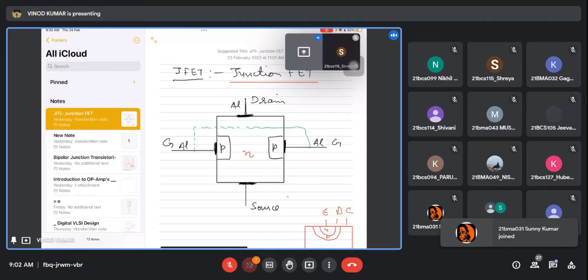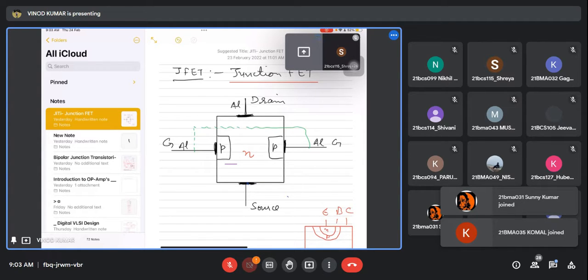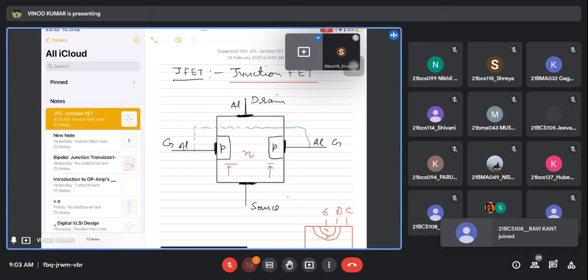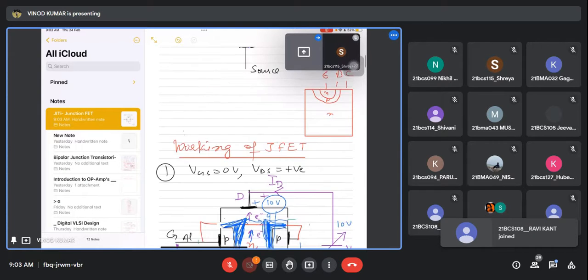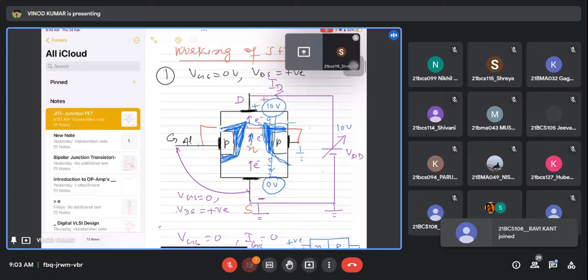Junction field effect transistors. So, we have these junctions here, two junctions, right? But it is unipolar as compared to NPN transistors. बस वही फर्क है. This is what we are getting here, right?